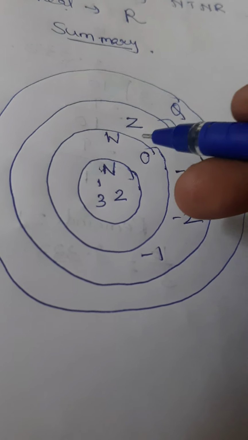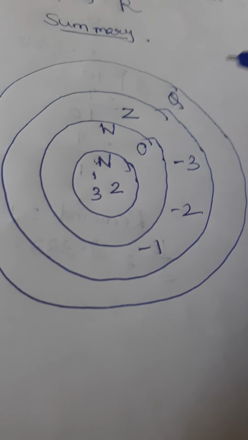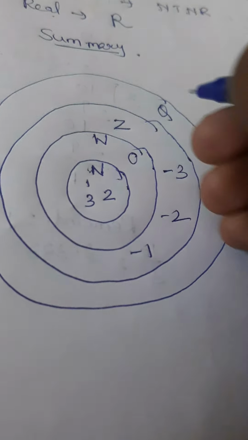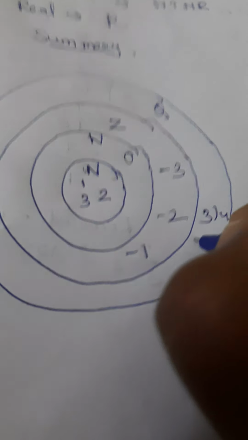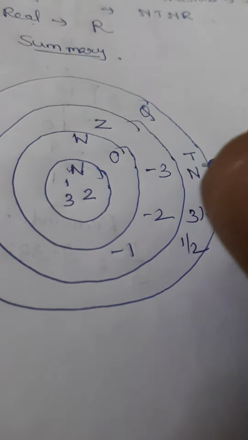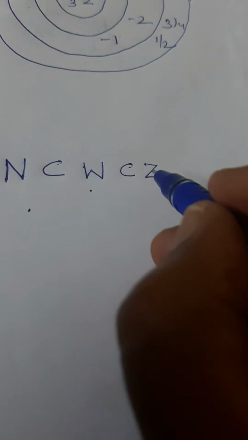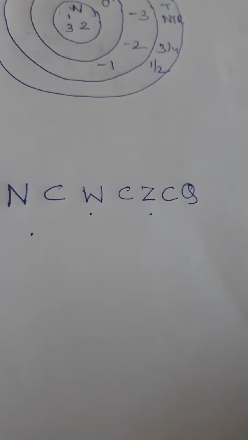That is, integers are a part of rational numbers, and additionally rational numbers also contain fractions like 3 by 4, 1 by 2, etc., as well as all the terminating and non-terminating recurring decimal values. So what you can say here is integers are a subset of rational numbers.